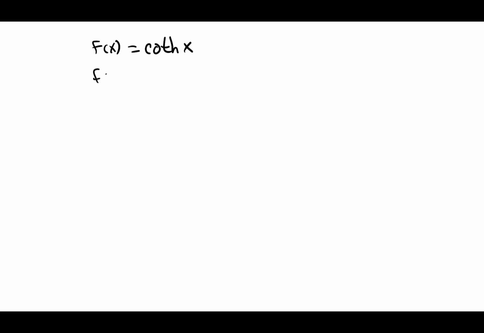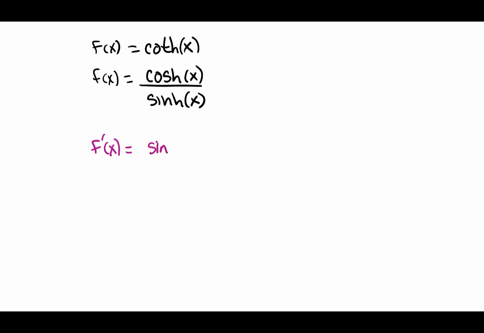But we can state beforehand that cotangent is 1 over tangent, or how about this: cosine hyperbolic of x over sine hyperbolic of x. And then I think if we want to do this, didn't we do it in class? We just used the quotient rule. So let's do it. Low, sine hyperbolic of x, times the derivative of high.